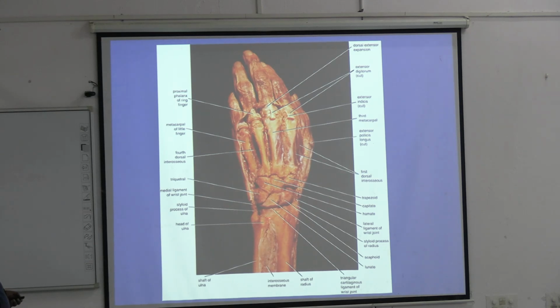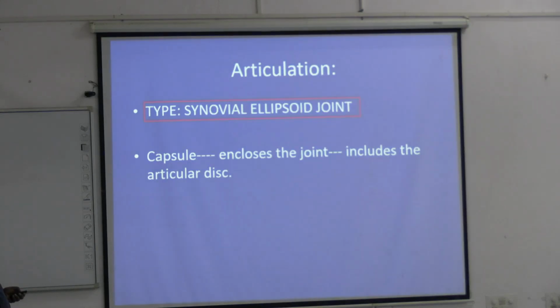This is the head of the ulna. Articulation type: synovial ellipsoid. The capsule includes the joint, and includes the articular disc. There is an articular disc.